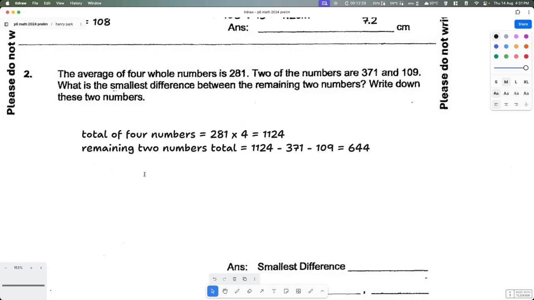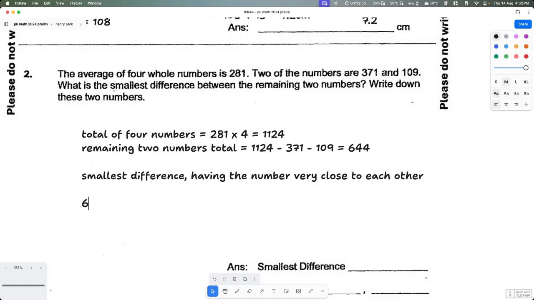In this case, you can start with, say, 6. The smallest difference is basically having the numbers very close to each other.